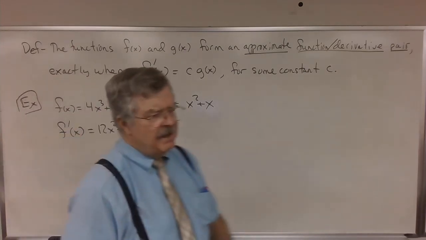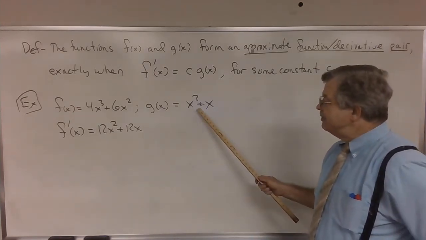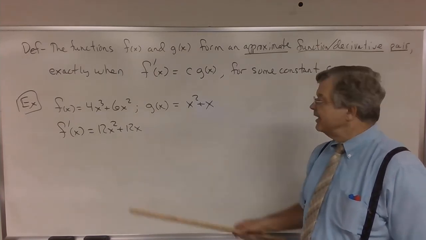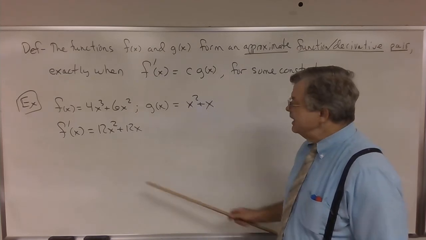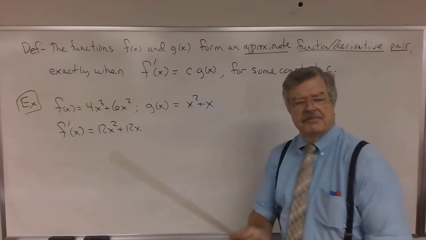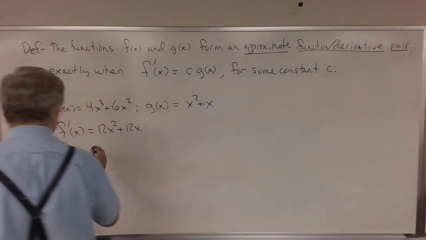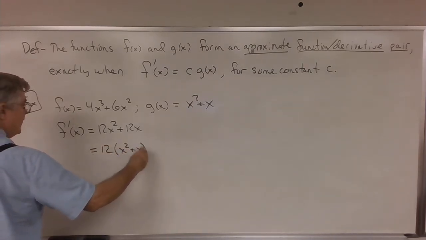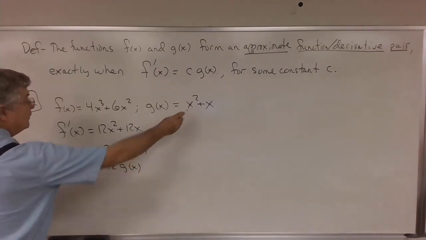But we can't help but notice that g of x does bear some resemblance to the derivative of f. Instead of having x squared plus x, we have 12x squared plus 12x. So this is really 12 times x squared plus x, or 12 times g of x.